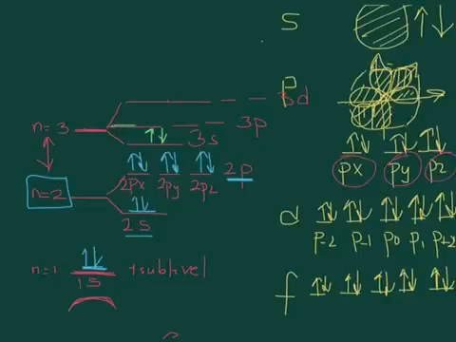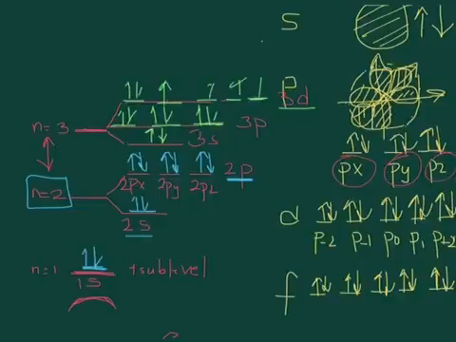In the 3px, 3py, and 3pz orbitals, 2 electrons in each, holding a maximum of 6 electrons in 3p. And in the 3d sublevel, there are 1, 2, 3, 4, 5 orbitals, 3d orbitals, holding a maximum of 10 electrons. Let's fill in the 10 electrons in these orbitals.